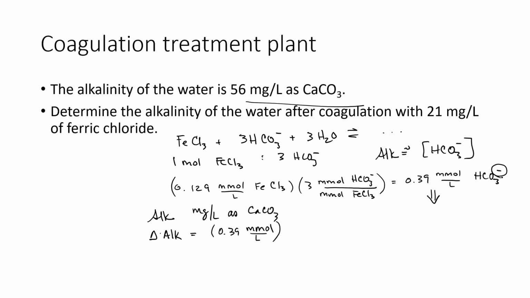Bicarbonate, notice, has a charge of -1. It can either give up one proton or accept a proton. So it has an equivalent number of 1. So we have 1 millimole per 1 milliequivalent.